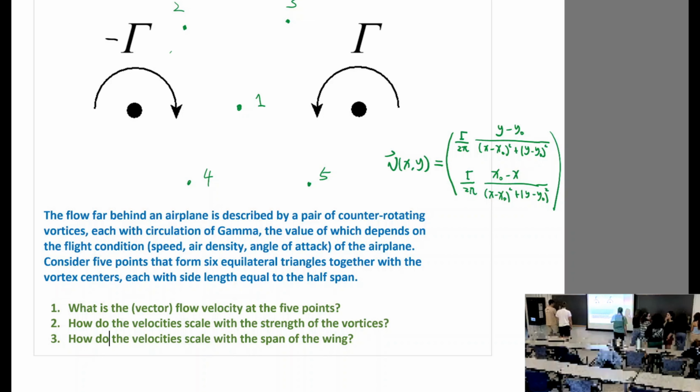You're going to find out for 2, 3, 4, 5, if you do one of them, and if you choose the center, they are symmetric. And for the first point, if you choose the center, X and Y are both 0 for point number 1. It doesn't mean the velocity is 0.